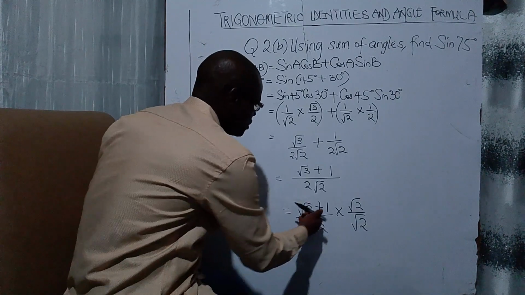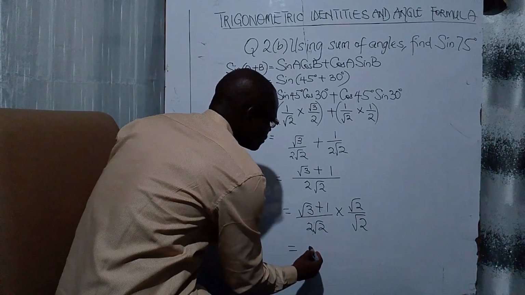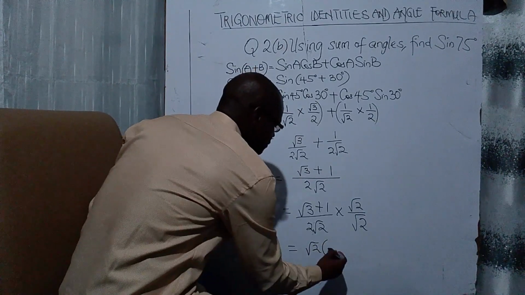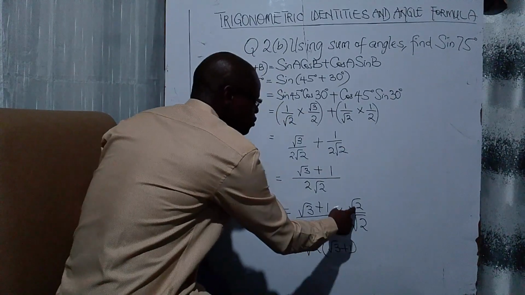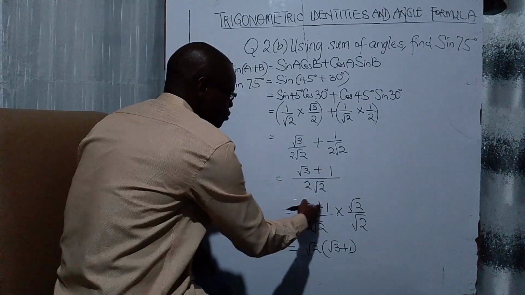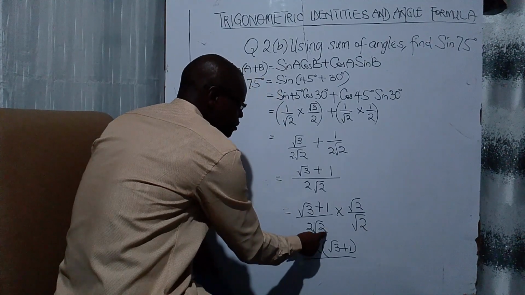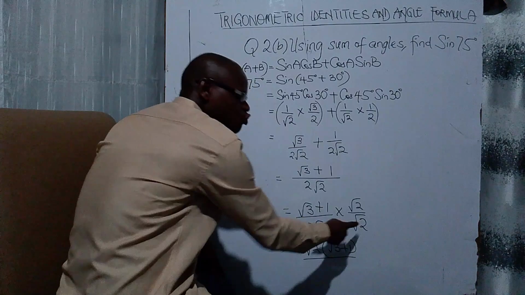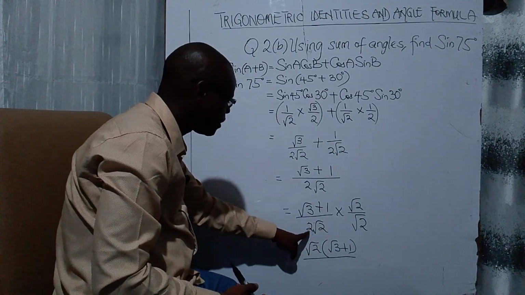So using the numerator for the numerator, what we have is root 2 into brackets root 3 plus 1. That is using root 2 to multiply this expression to give us this, divided by using 2 root 2 to multiply root 2. Root 2 and root 2 will give you 2. So that 2 multiplied by 2.